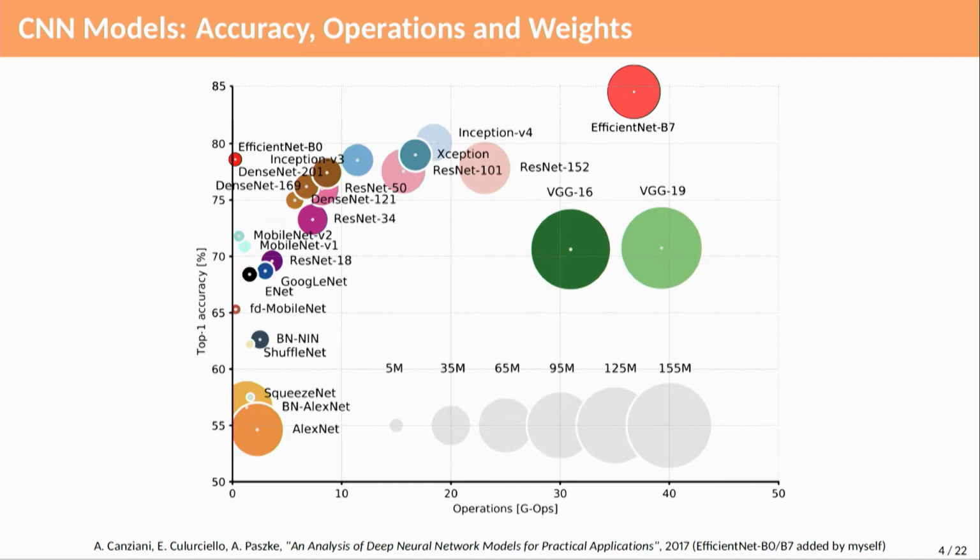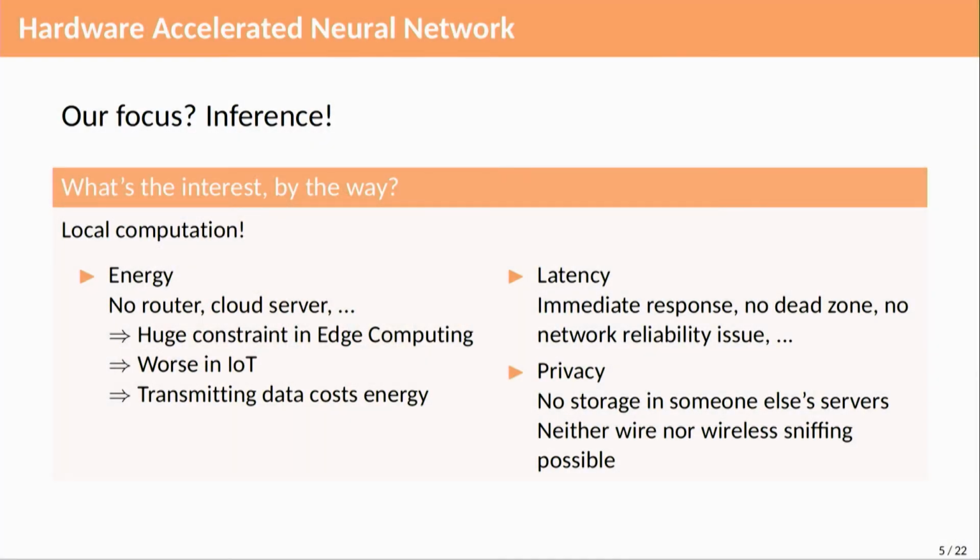There are quite a lot of different architectures for neural networks because they target different applications, and research has also focused on reducing the number of operations and the number of parameters.